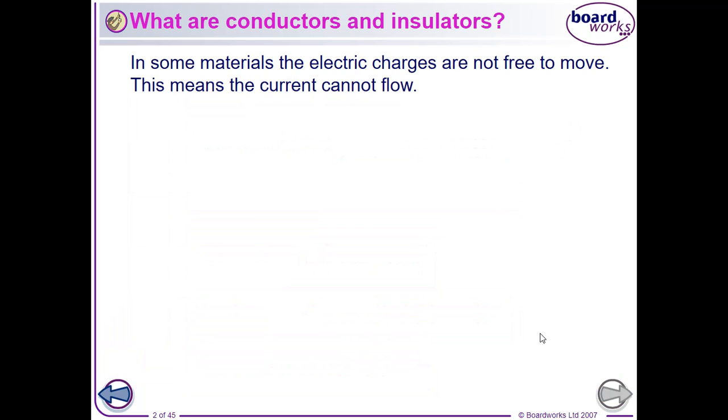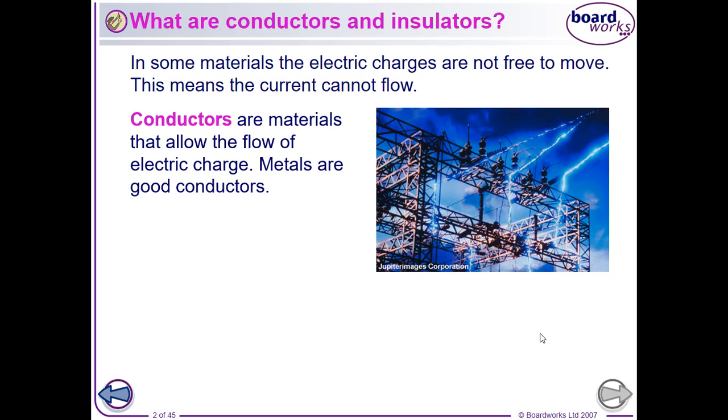So conductors and insulators. In some materials, electric charge is not free to move. So that means that current cannot flow. Conductors are the materials that do allow electric charge to flow, and metals are the typical materials that are good conductors.